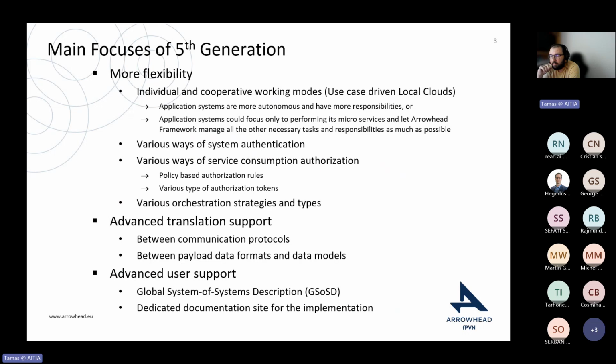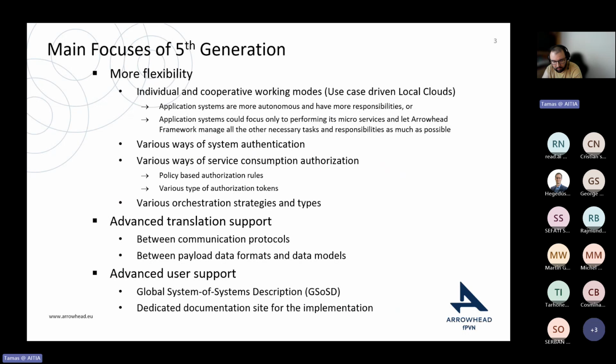I said our main goal with generation 5 is also to provide advanced translation support to the users of the Arrowhead framework.